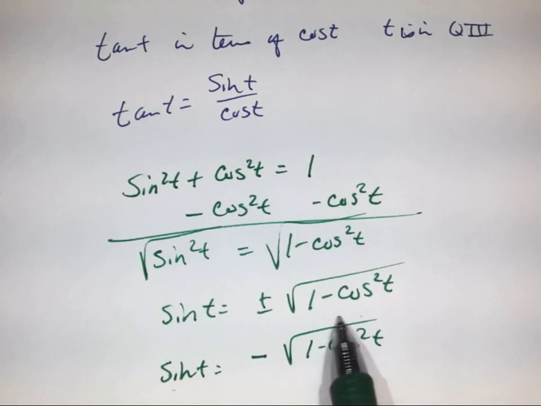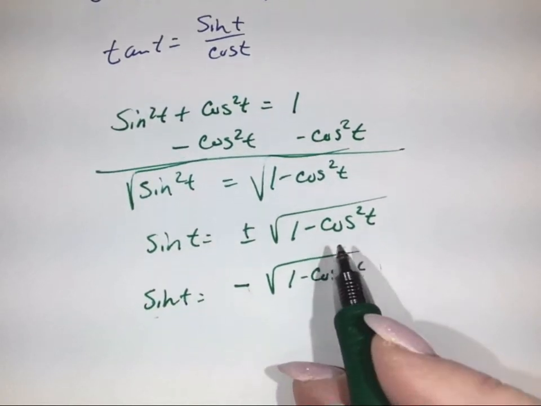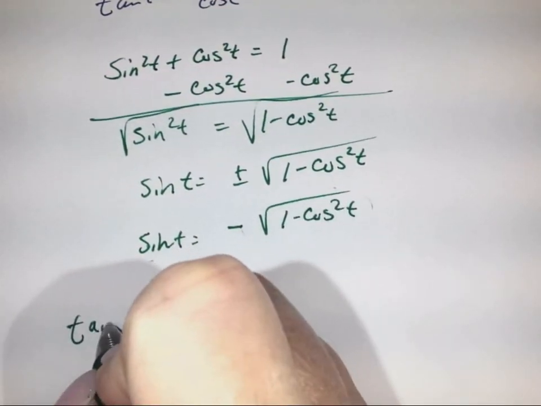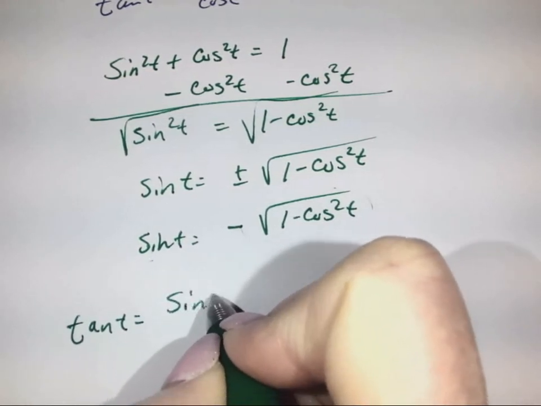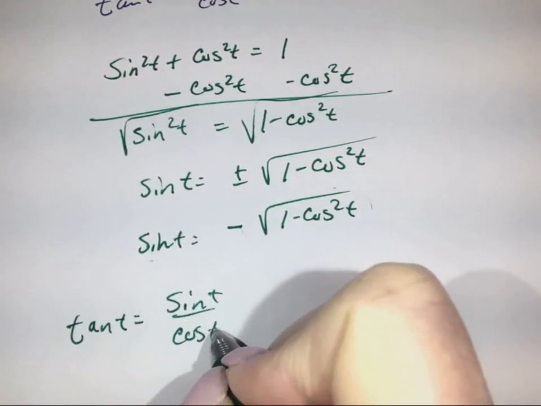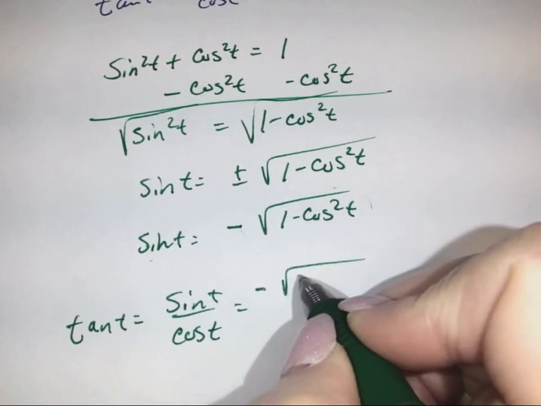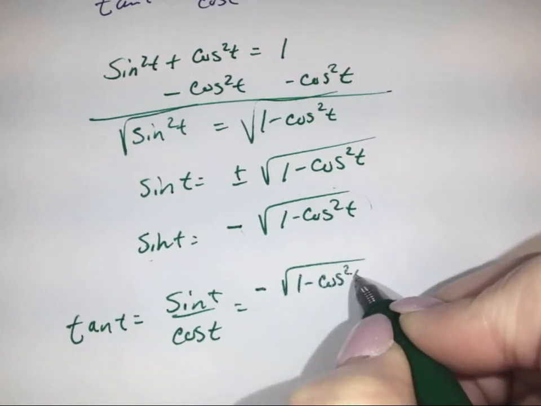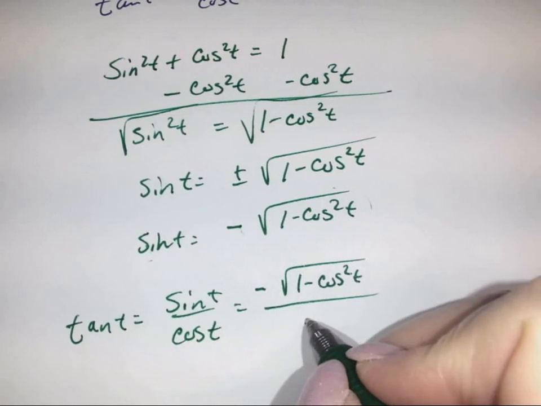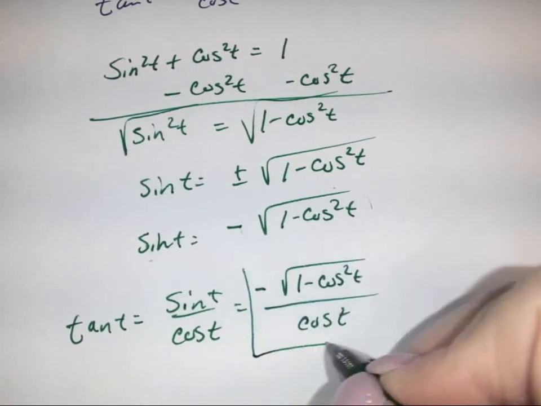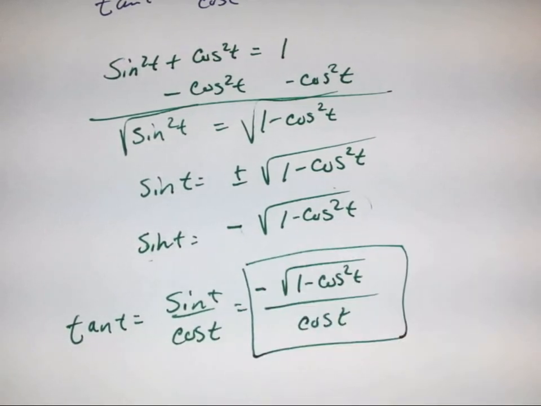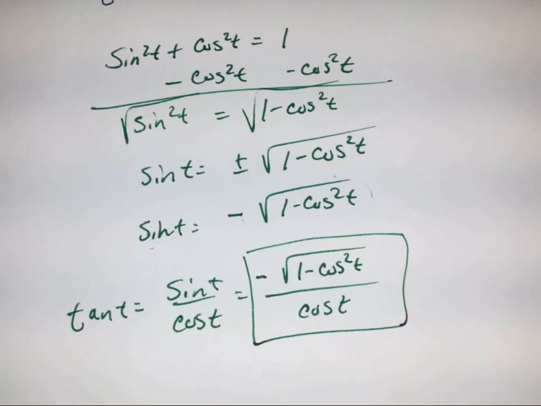Now we've got sine in terms of cosine, so our tangent t, which was equal to sine t divided by cosine t, is now equal to the negative of the square root of 1 minus cosine squared t over cosine t. You need to be able to do this problem. Here's a wink, wink, nudge, nudge for exam 1.